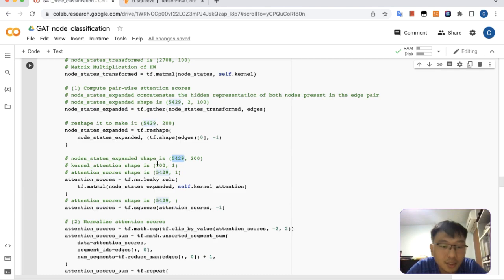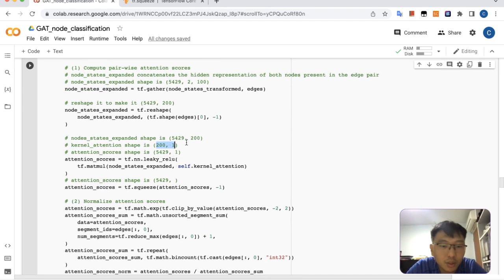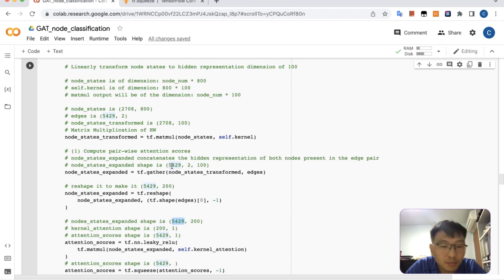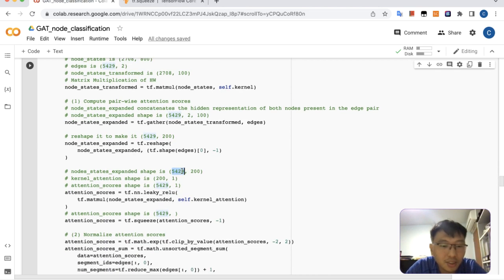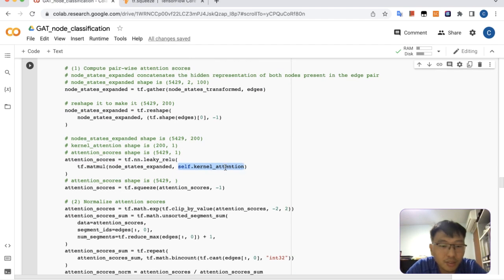So I guess we need to do a matmul here, because for each of these 5429 edges of concatenated nodes, we need to multiply it by a certain score to get 5429, which means that this 200 is the hidden representation of each of these pairs.